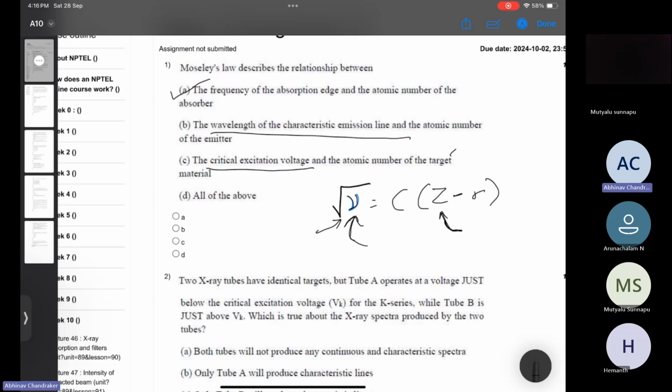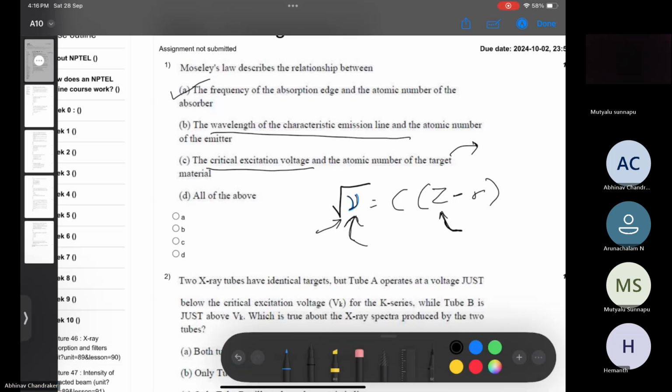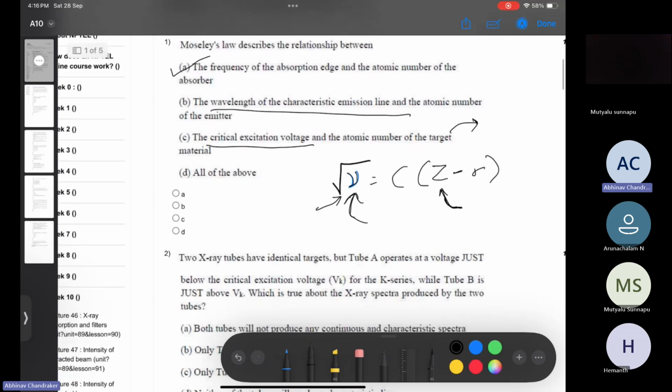So from the target material we are getting the incident X-ray beam which is hitting your specimen, and once it is hitting the specimen, it is leading to the formation of the absorption edge. So your specimen is basically absorbing a part of the incident X-rays, and at the absorption edge wavelength, it is absorbing a lot of the incident beam.